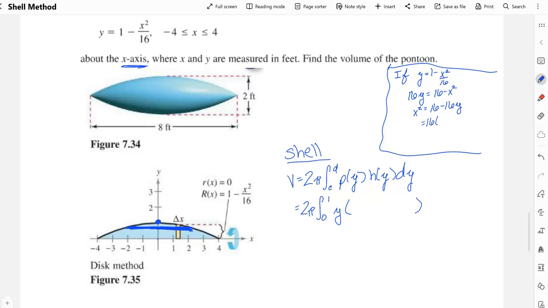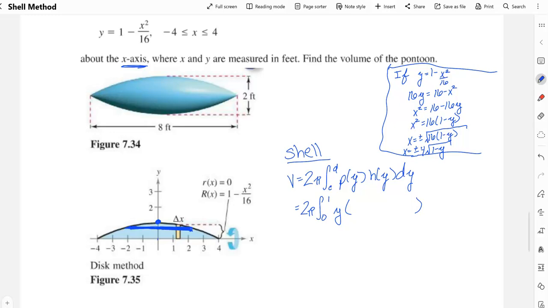I'm going to factor a 16 out, and then I'm going to take the square root. When I take the square root, I'm going to get plus and minus here. This would be 16 times 1 minus y, and the square root of 16 is 4, so I could pull that out. So 4 square root of 1 minus y, and that is plus and minus. So x equals plus and minus.